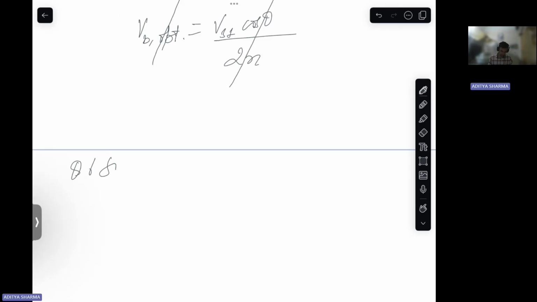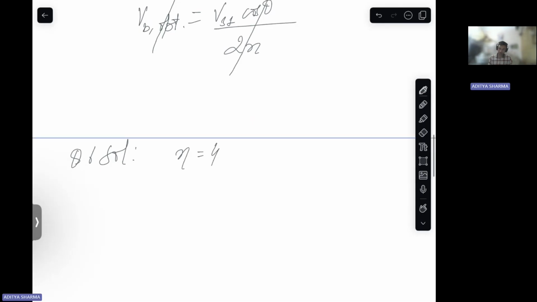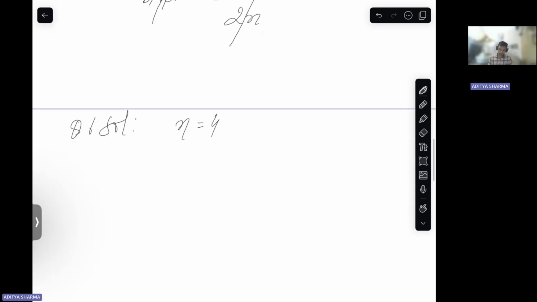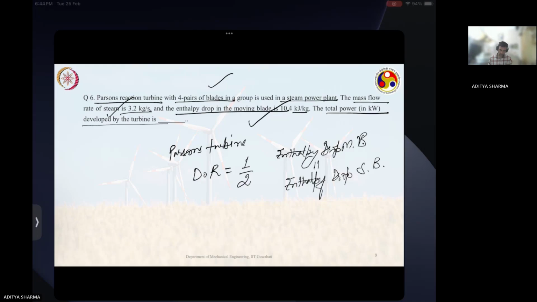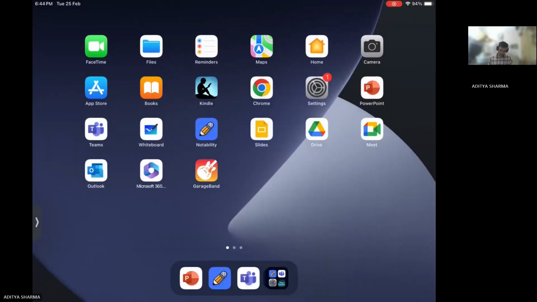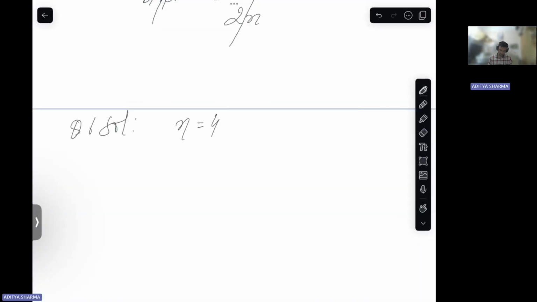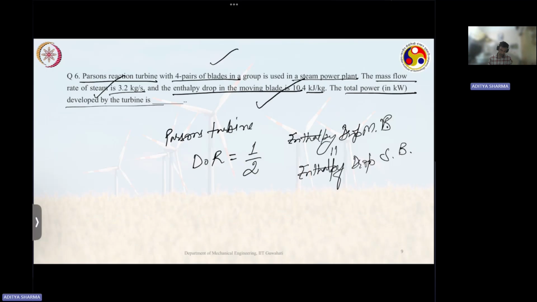Question number 6 solution. So n here is 4, right? Mass flow rate has been given.